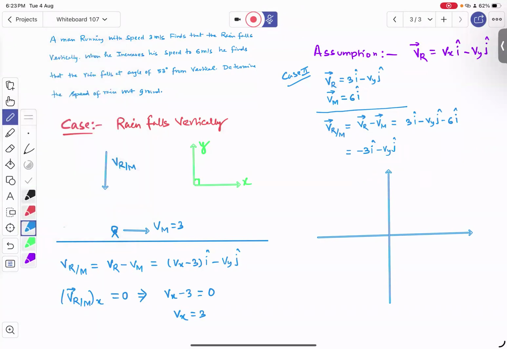So the point which is minus 3 comma minus Vy will be maybe here.